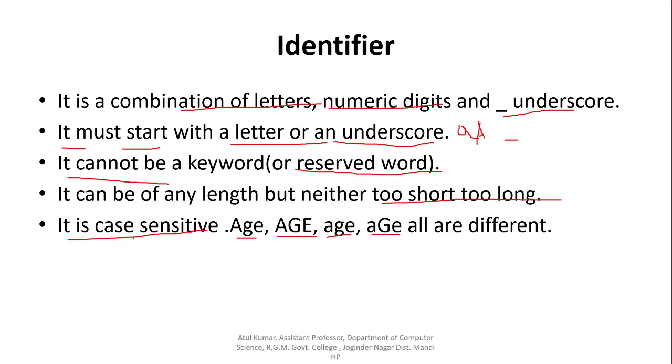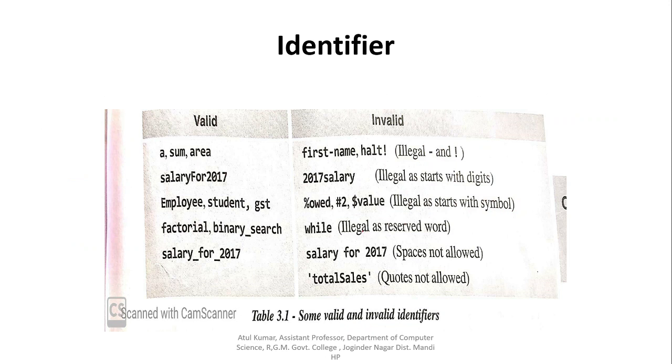So it is case sensitive, meaning all are different. If you define identifiers in Python, all of these are different and can be used differently. So these are some examples of identifiers.